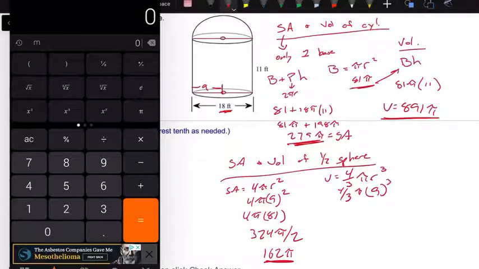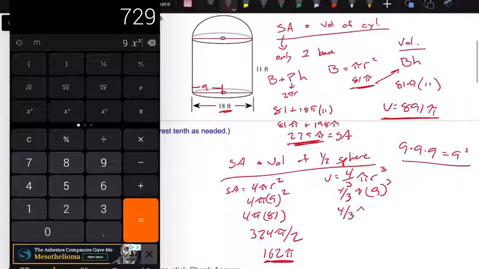Right, now on my calculator I have a cubed button. You may or may not. So 9 cubed. Okay, if nothing else, 9 times 9 times 9 is 9 cubed. Okay, so we have 4/3 pi times 729.